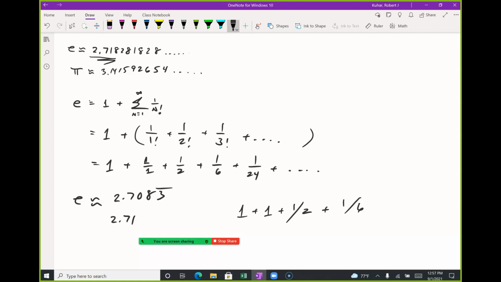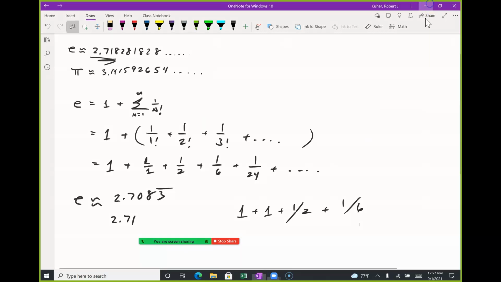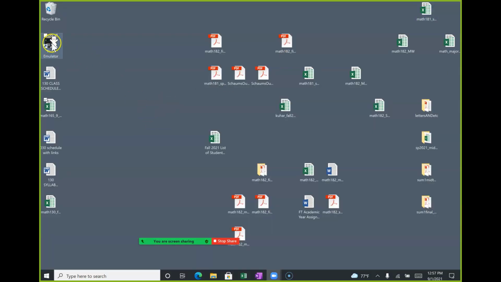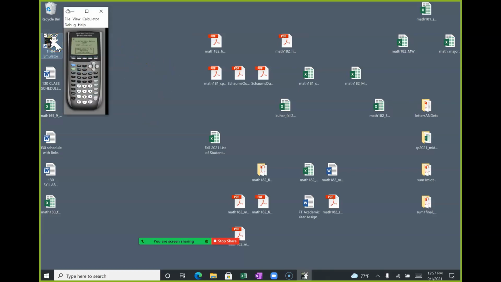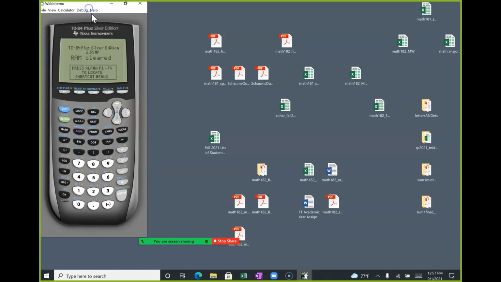There is a factorial button on your calculator, by the way. Here's my calculator. It's a little bit difficult to see this thing. But like so, I'll type 3, go to math, over to probability, down to factorial, and hit enter.